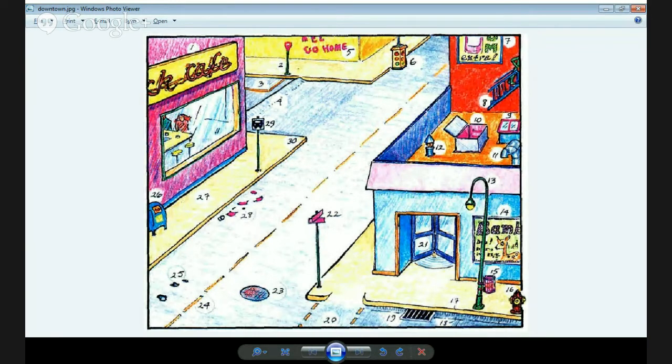The billboard is on the wall above the movie theater. Why not the cinema? Because the cinema is an idea, but the movie theater is a physical location. Okay.